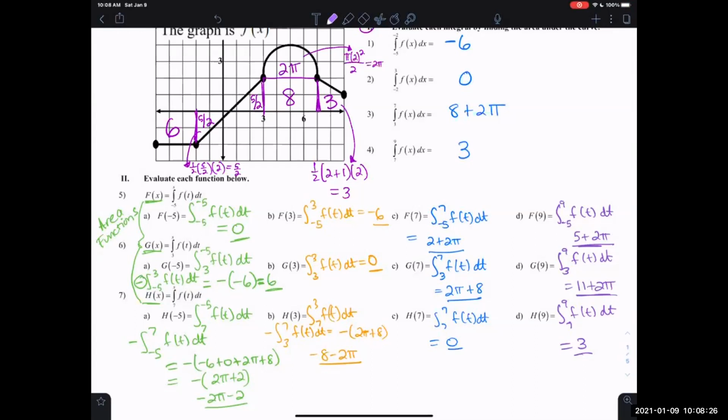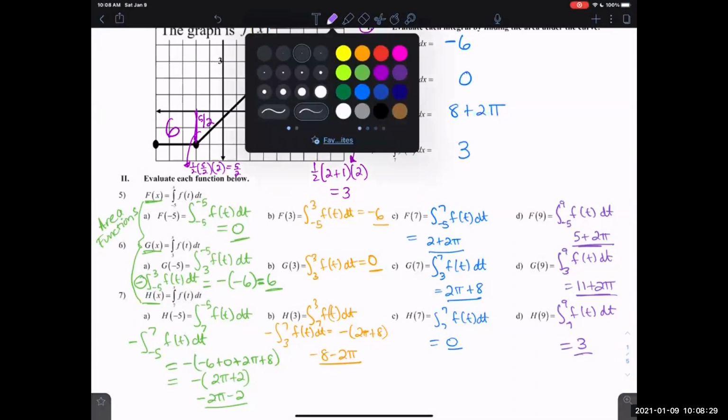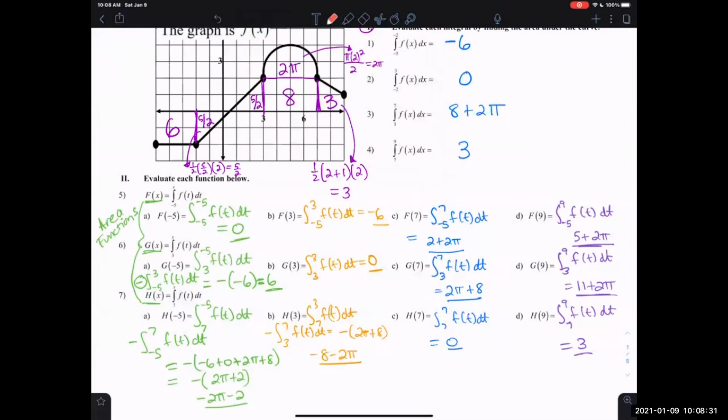So for the sake of time, if you want to pause and then again look at some of this a little bit more closely, what you can see, hopefully, is that when we go from here to here, we're adding 6 each time. When we go from the second row to the third row, we are actually subtracting 2 pi plus 8 each time.